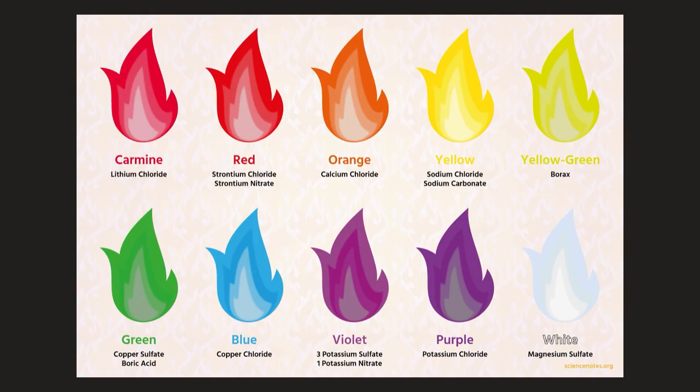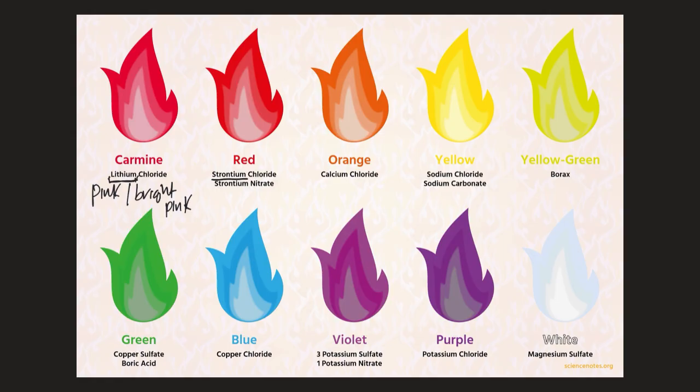So this is what I want you to note down or understand. If I have lithium burning, lithium gives us the color carmine. Now carmine is just a pink or a bright pink color. On your worksheet it tells you pink. You can tell me carmine, you can tell me pink, you can tell me bright pink, but that's if lithium is the metal that is being burned.